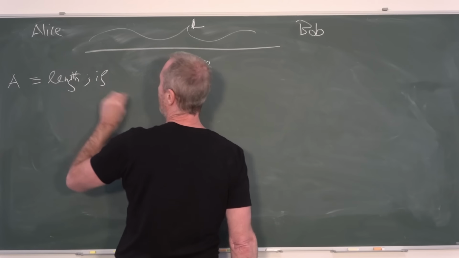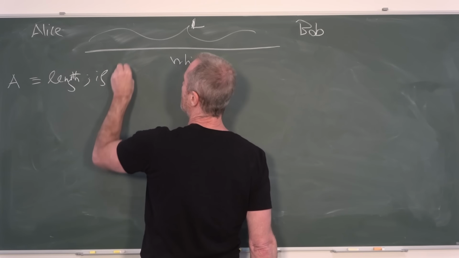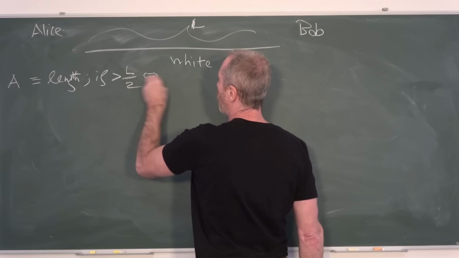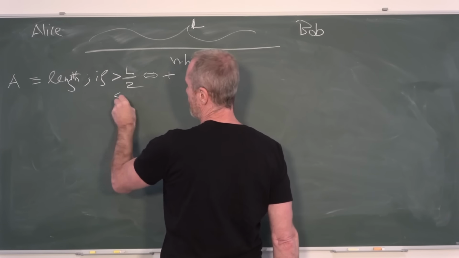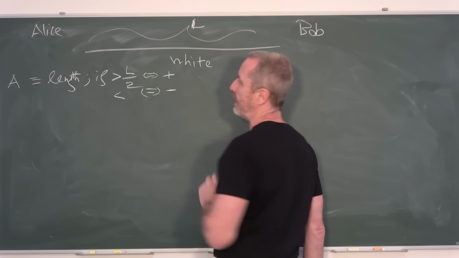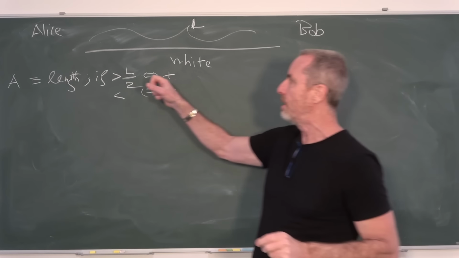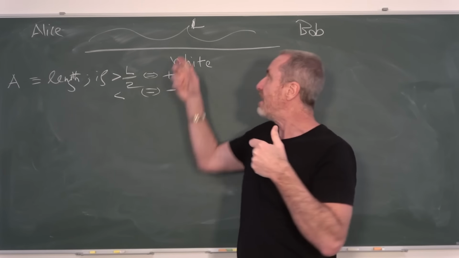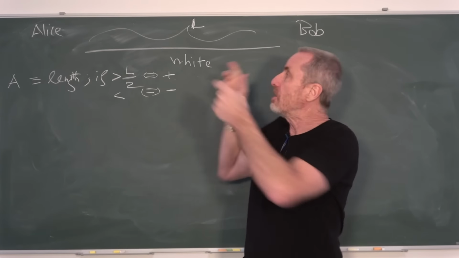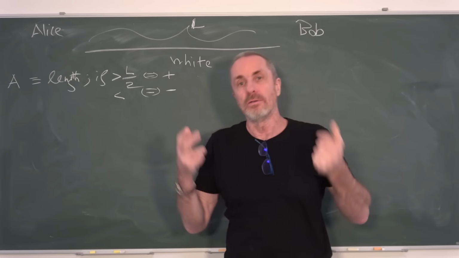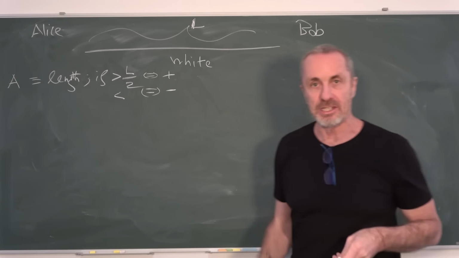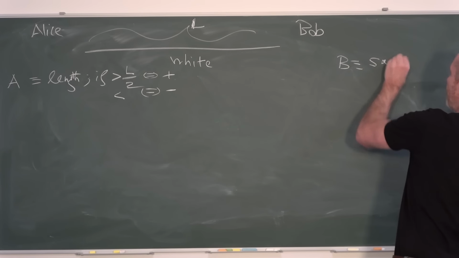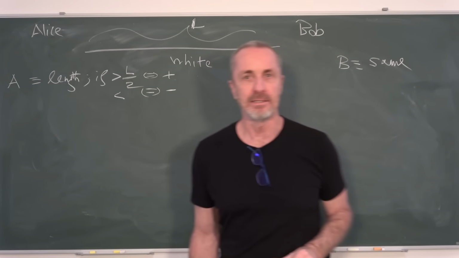If the length is strictly greater than L over 2, then the outcome is positive, plus. If it's not, then the outcome is minus. And of course, Bob does exactly the same thing on his side.